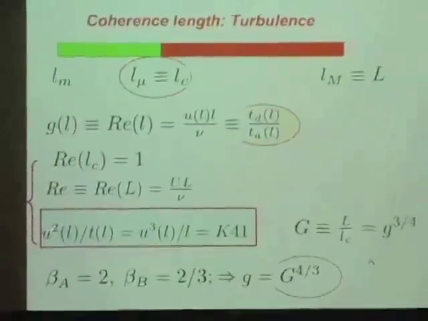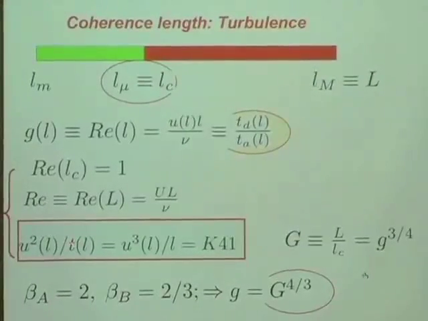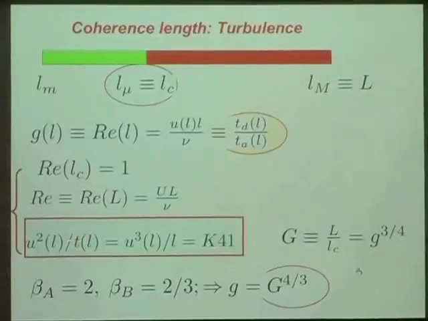Is the change of kinetic energy, I forget about mass here, so square of the velocity, over the typical time, lifetime of an eddy of size L. And since U is nothing but L over T, this is nothing but U cubed over L. So Kolmogorov postulates, and as I said, the spectra of real turbulence, to a certain extent, really follow this law.